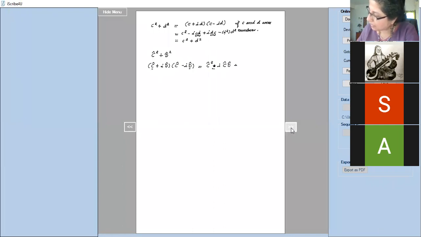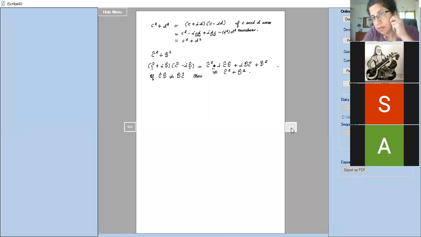Then I'll get plus iDC, and then I will get plus D square. Right. Now if CD is not equal to DC, then this is also not equal to C square plus D square.